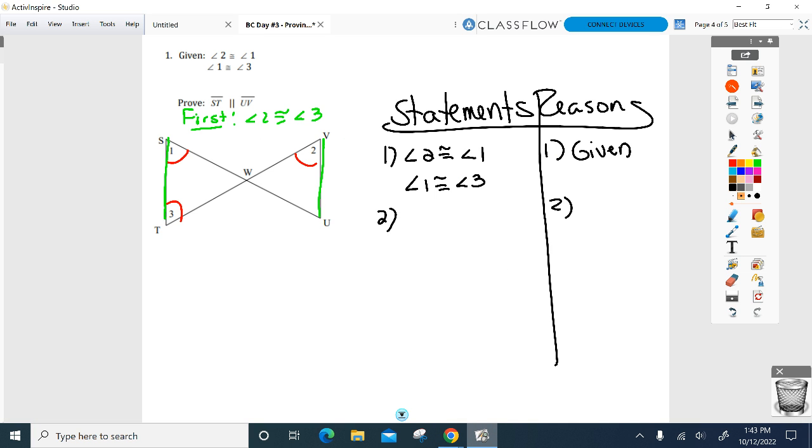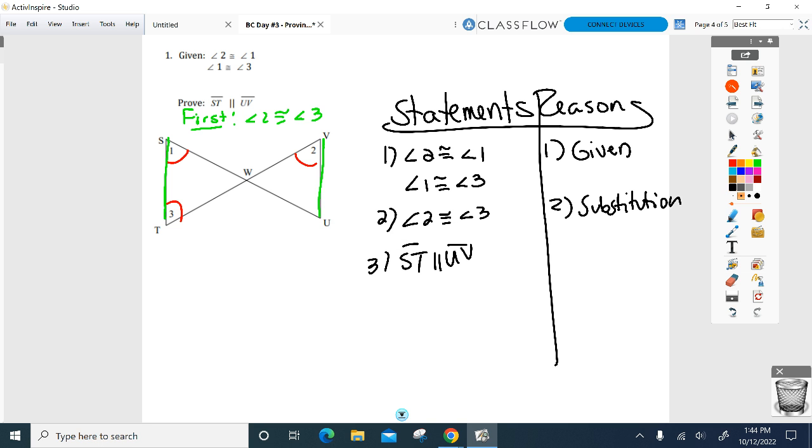Okay, 2 and 1 are equal. 1 and 3 are equal. We've been down this road the last 2 units. That makes 2 and 3 equal by substitution. Oh, 2 and 3 are equal, and they're alternate interior. Put those 2 together, and that makes ST and UV parallel to each other.